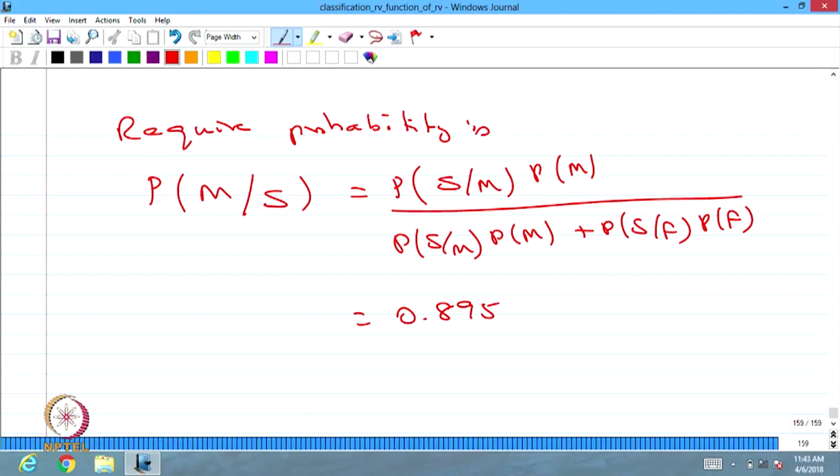By using the total probability rule as well as the Bayes rule, we get the conditional probability of M given S.